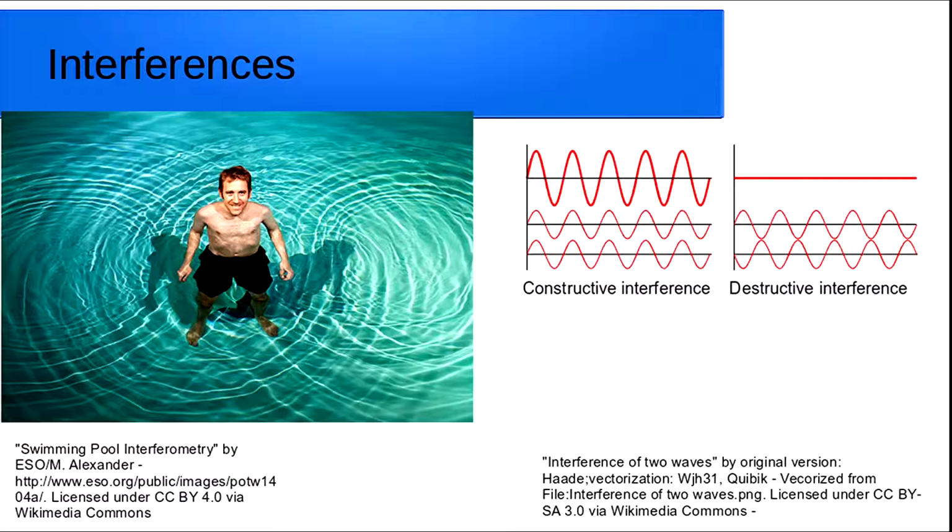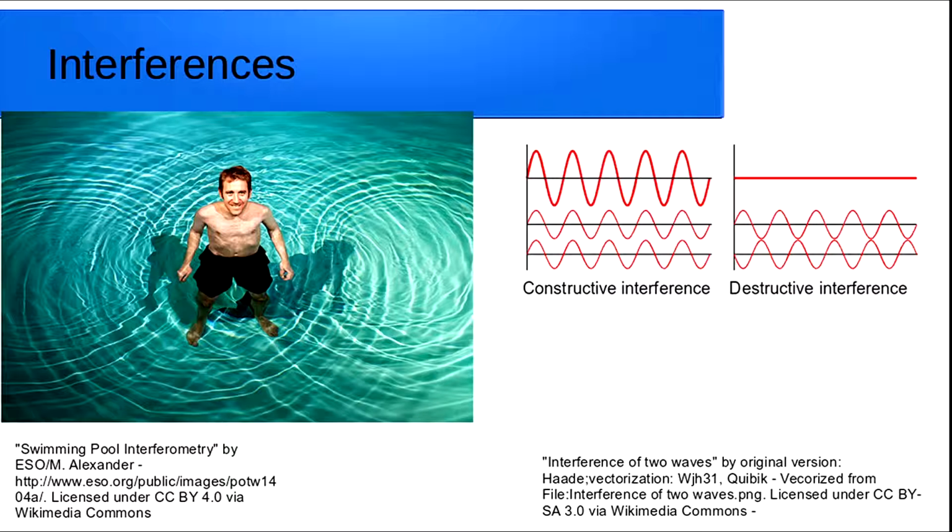Here, if we got 2 waves and they are in phase, which means they are starting at the same time and location, they are causing constructive interference. And if those 2 waves are 90-degree out of phase, which can be seen here, you get destructive interference.